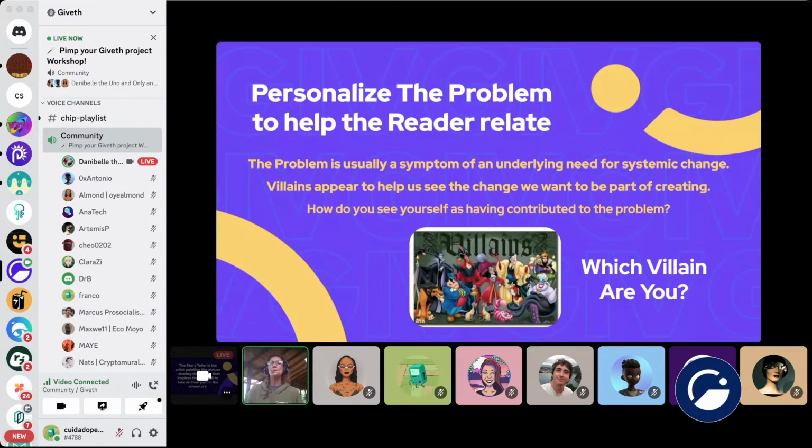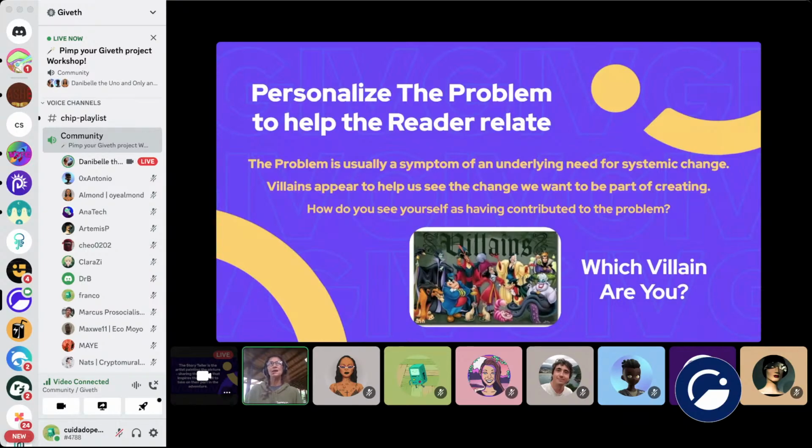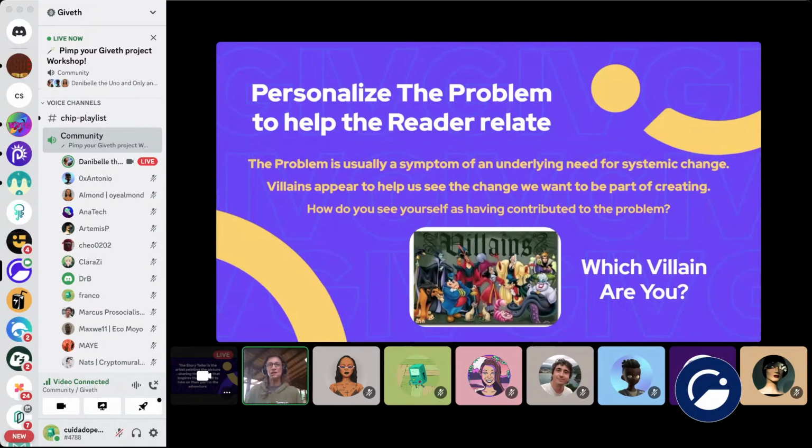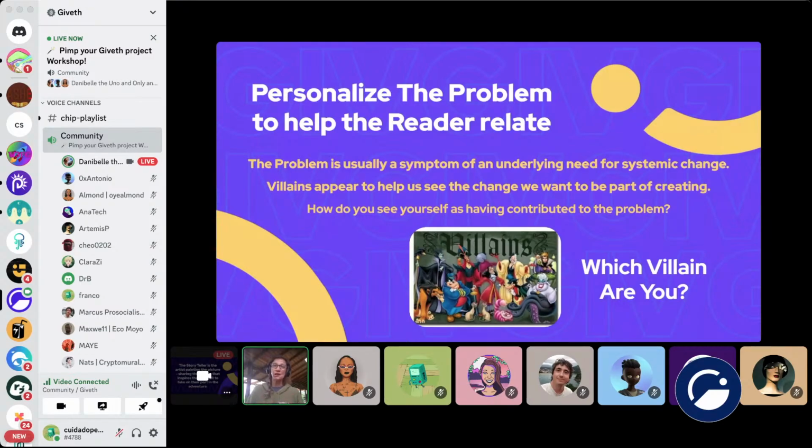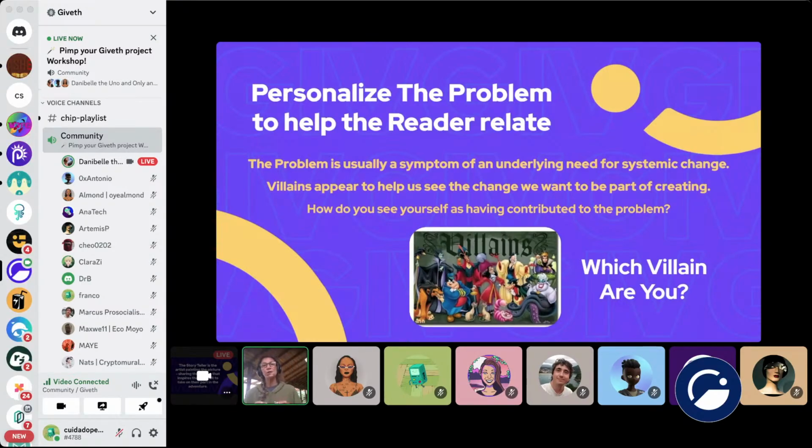You want to help the reader relate not only to the situation itself, but the reality is, when you're looking at your project, what I want you to think about is that the problem you're solving with your project is usually a symptom. It's a symptom of an underlying need for systemic change.